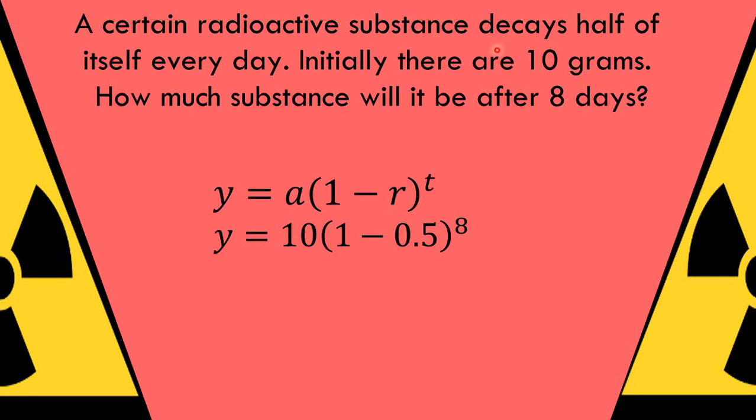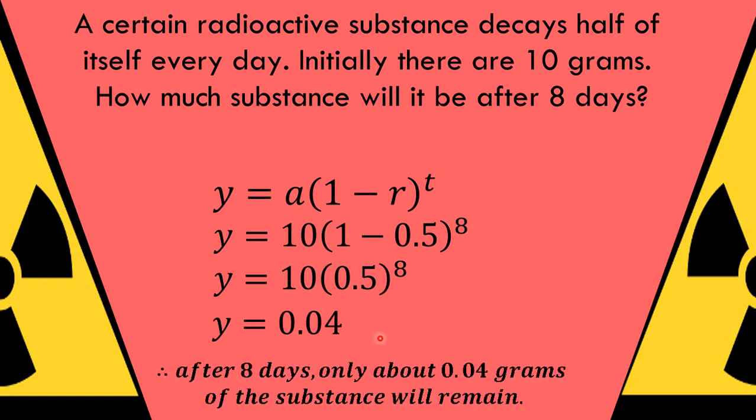The rate of decay is half, so 0.5 in decimal form, raised to 8. So 10 times 1 minus 0.5 raised to 8. Then simplify, we have y equals 0.04. So therefore, after 8 days, only about 0.04 grams of the substance will remain.